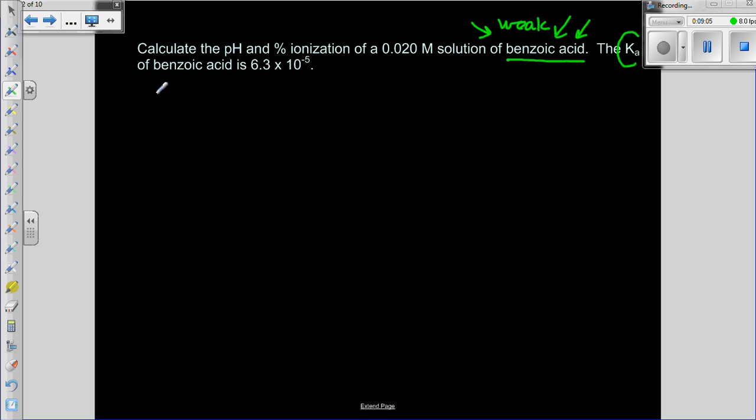So that's what I'm going to do. I'm going to start by writing the reaction. So benzoic acid is C6H5COOH, and I'm going to write that plus water. Now remember, this is that carboxyl group, functional group for a carboxylic acid, which is an organic acid.